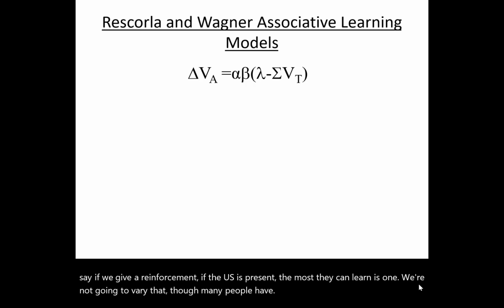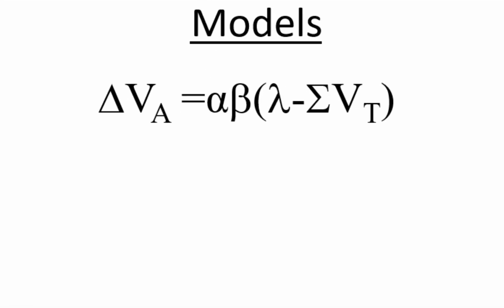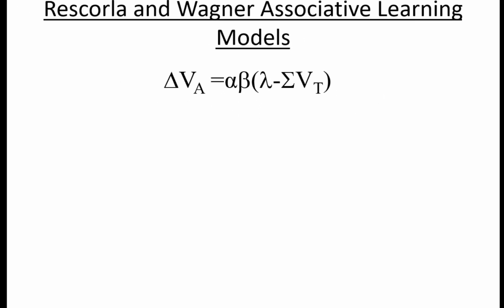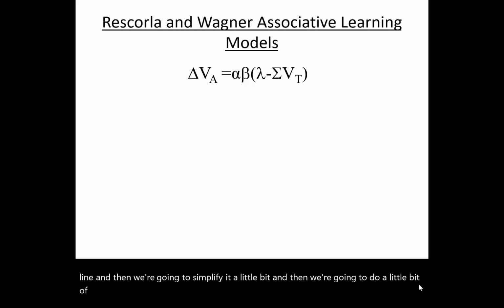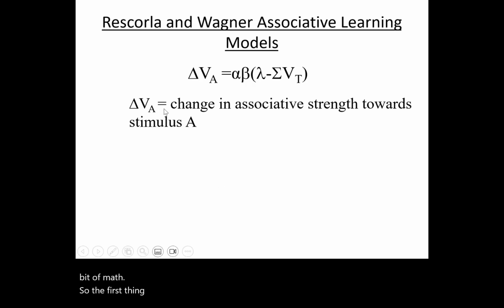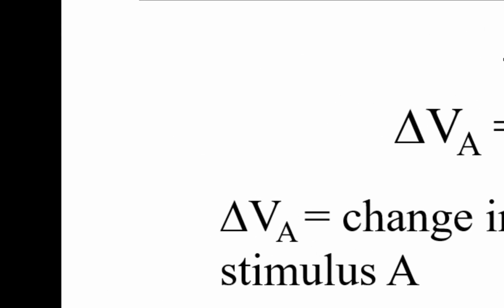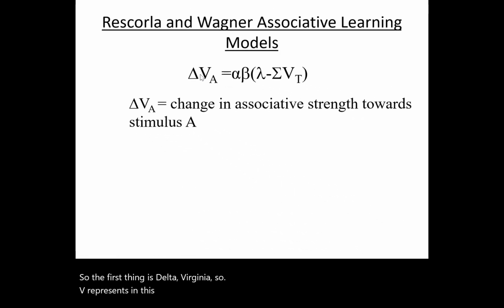Well, there it is. There's Rescorla and Wagner's model. And we're going to go through it line by line, and then we're going to simplify it a little bit, and then we're going to do a little bit of math. So, the first thing is delta V_A. V represents, in this model, the strength of association.